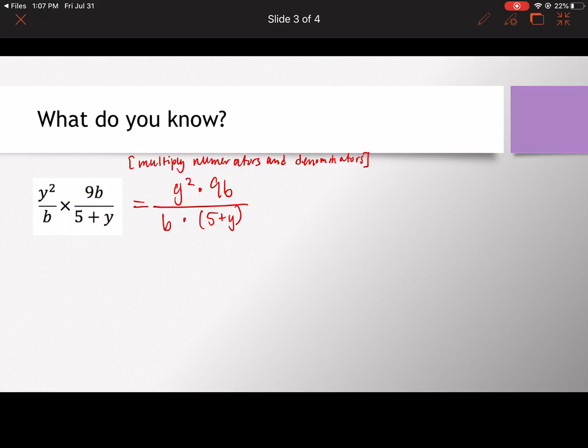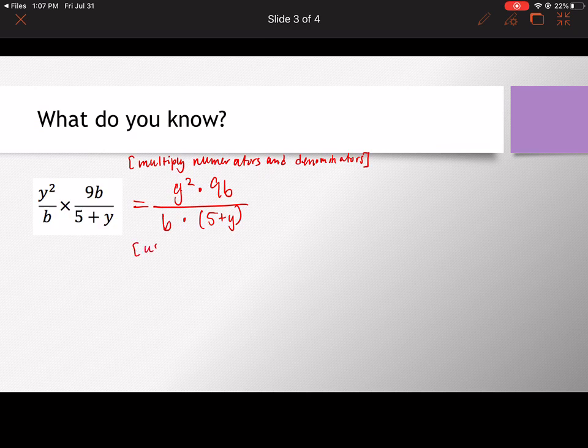The next step is that we're going to simplify. We need to factor everything. And we might need to use the commutative property to help us.